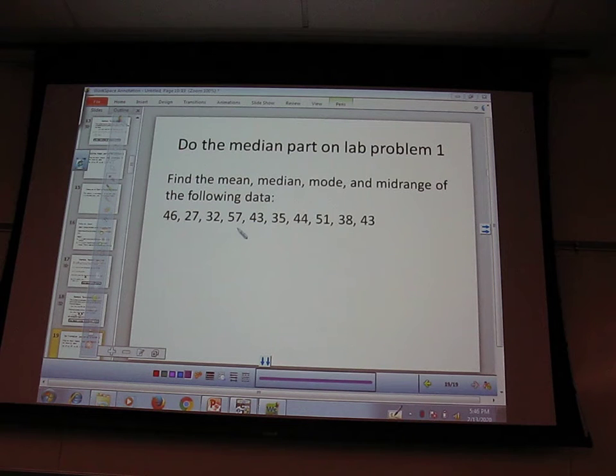It's not which one happens to randomly be sitting in the middle, it's which one is numerically in the middle. Right, you have to write them in order. 27. I like to cross them out as I go so I make sure I catch them all. That way if I miss one, I know where to put it in.